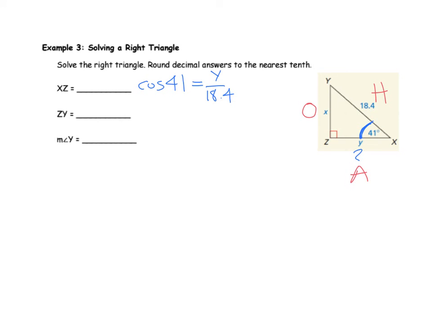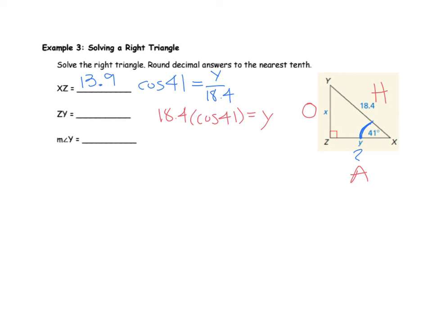So we have 18.4 times the cosine of 41 is going to be equal to our y value. When I put that in my calculator, 18.4 times cosine of 41 degrees, we end up with a side measurement of 13.9.